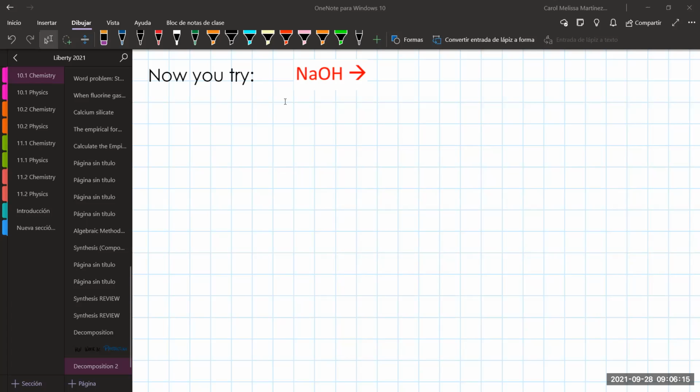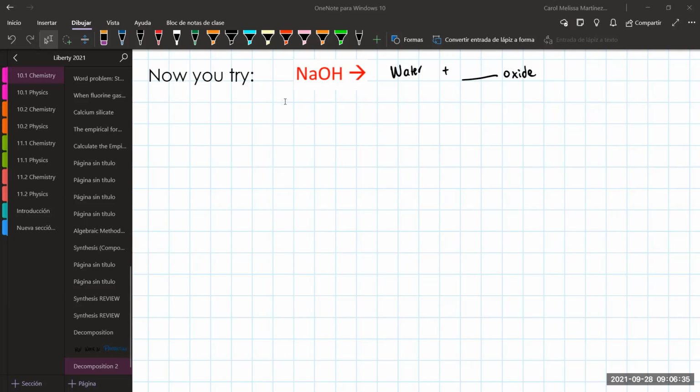For those who are doing that exercise, according to the rule, you should obtain water and whatever oxide, okay?